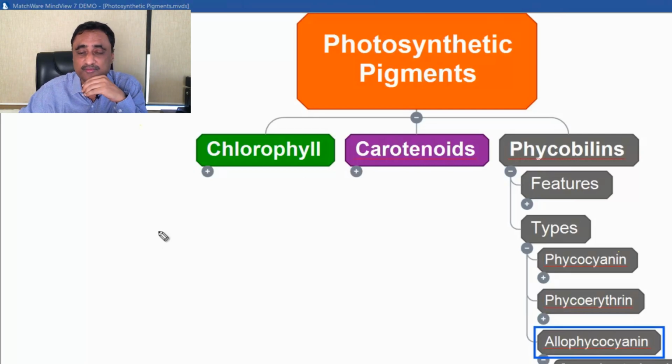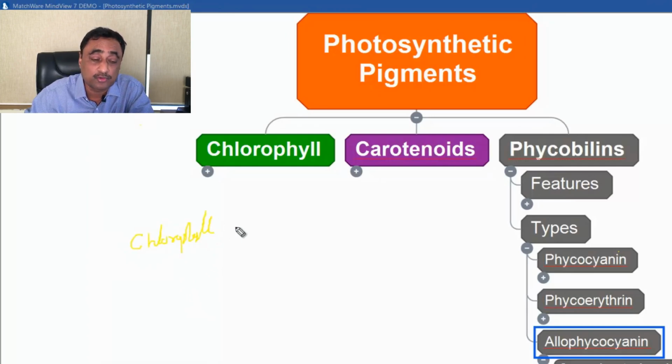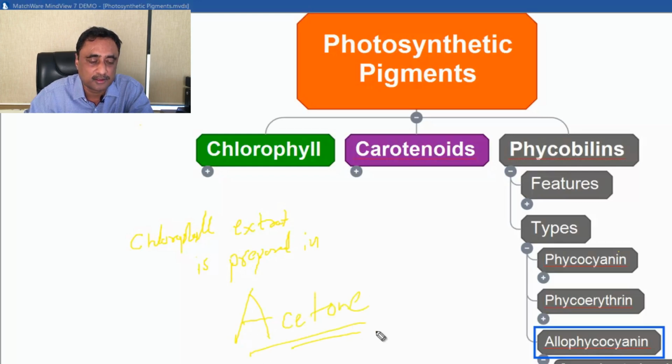Another important thing I would like to add is that the chlorophyll extract, which is mostly asked in competitive examinations, is prepared in the chemical acetone. So please remember this: acetone is the chemical in which chlorophyll extract is prepared.